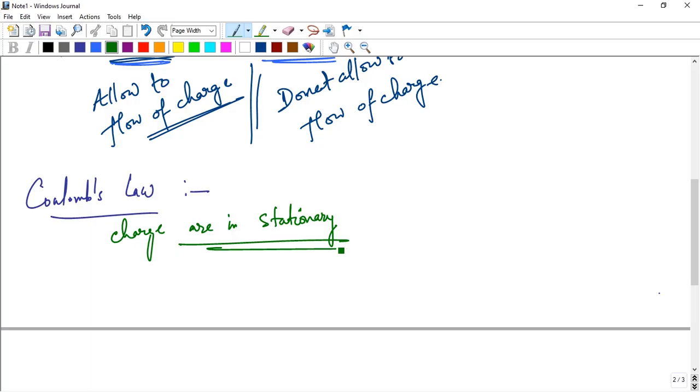Suppose one charge is plus q1 and the other charge is minus q2.